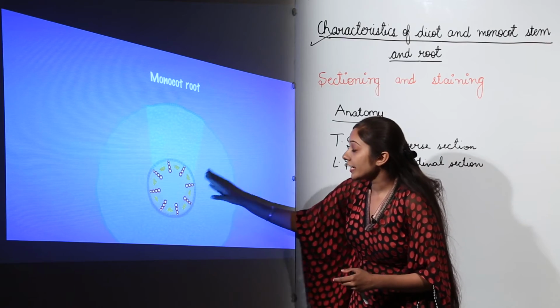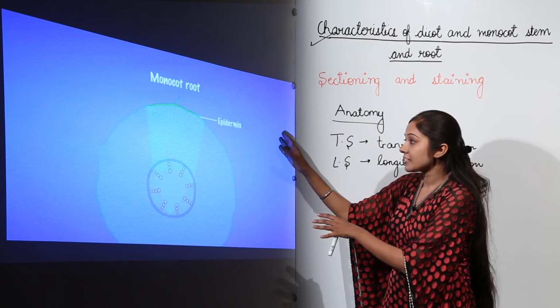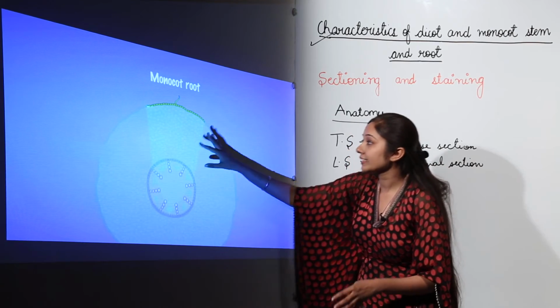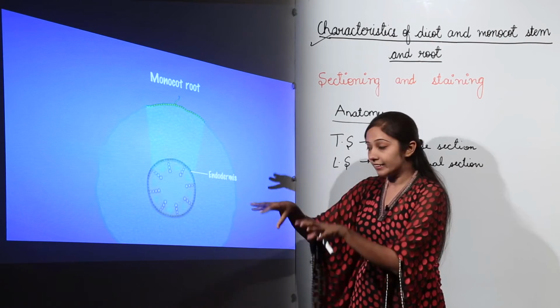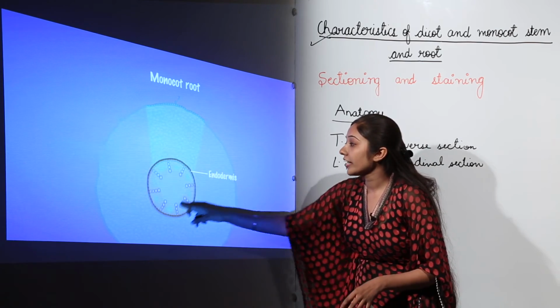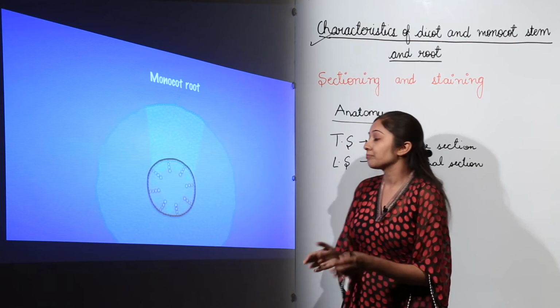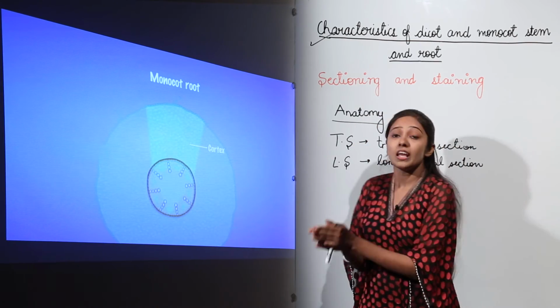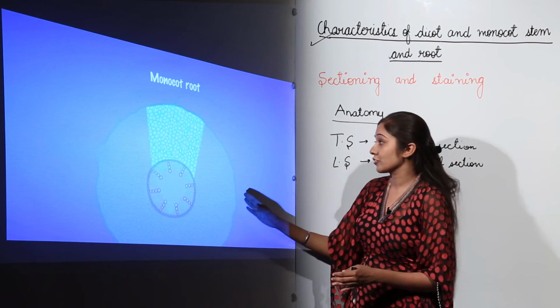Xylem and phloem are arranged alternately, in radial symmetry. First layer is epidermis, then you also have cortex. After that you have endodermis also, and inside this you will see radially arranged xylem and phloem vascular bundles, and they are more in number. This is the difference between a dicot root and a monocot root, as you can see in the structures.